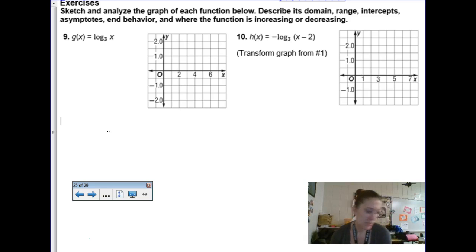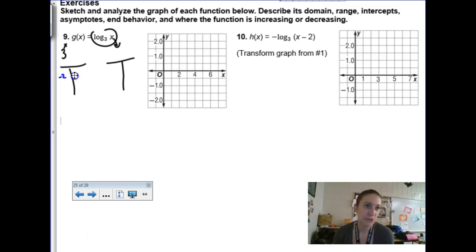Alright, so here, let's see, are we on our notes again? Yeah. So what I'm going to do is, and you can go ahead and get your calculator out and start typing. You won't be able to find log base 3, but if you could type 3 to the x power in your y equals and get some ordered pairs, and then we can reverse them for the logarithm graph, because inverses have reversed ordered pairs. So like negative 2, 0.11 is an estimate for an ordered pair for 3 to the x power.